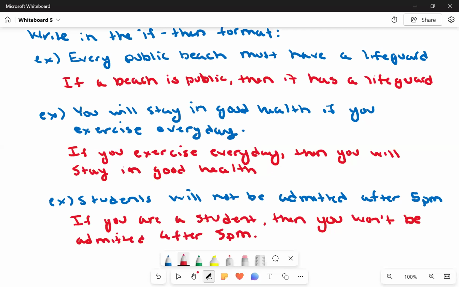So if you're a student, then you won't be admitted after 5 p.m. And there we go. There is some vocabulary for us to start the basis of understanding mathematical arguments.